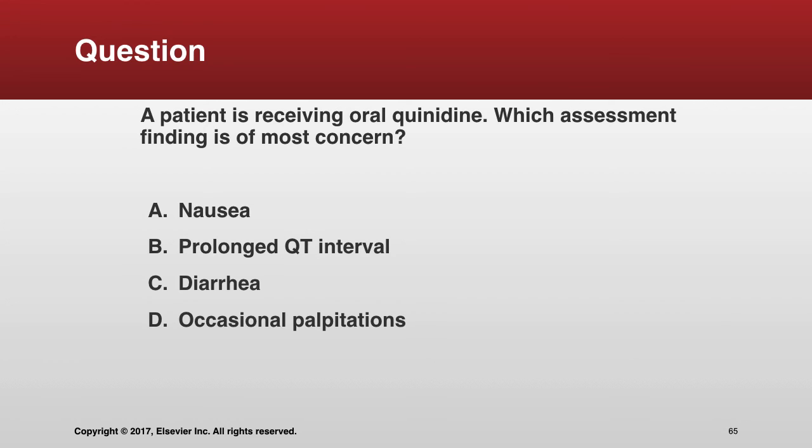A prolonged QT interval can make it possible for the T to be out there so far that the P comes along and hits it, putting the patient into ventricular fibrillation. So we want to make sure that our patients are not having prolonged QT intervals.